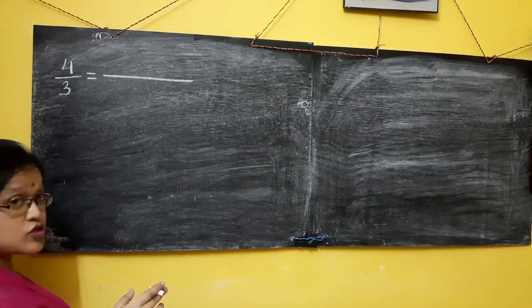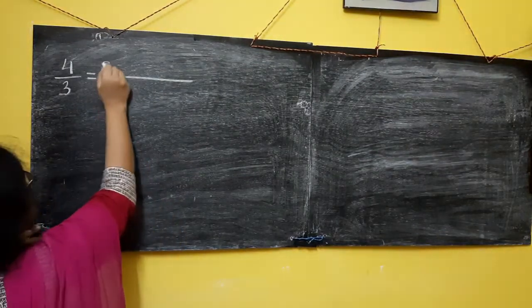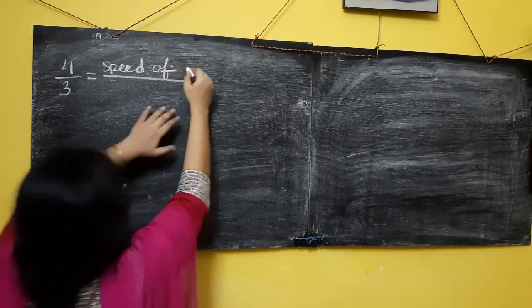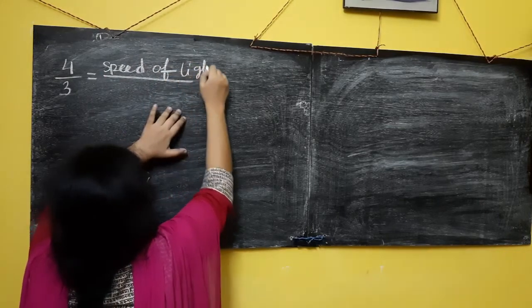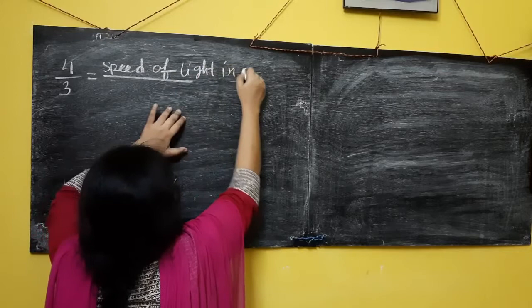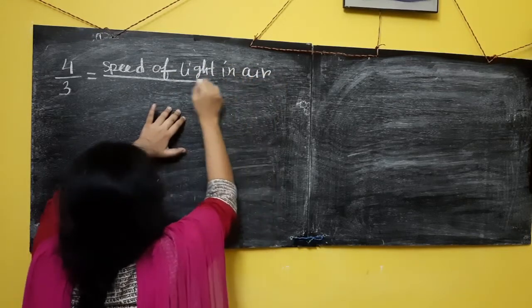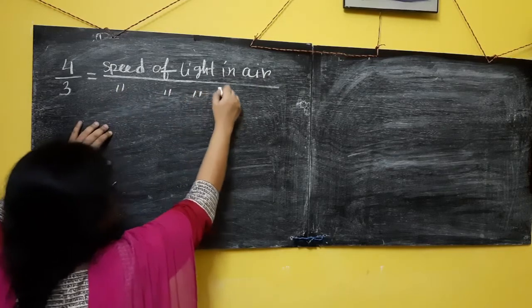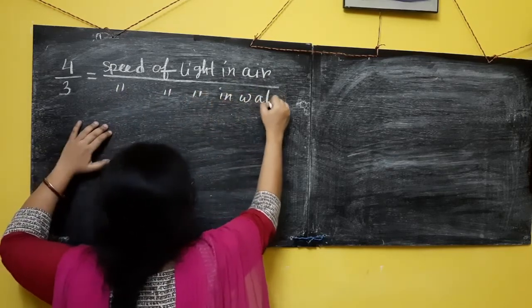Here the medium is water, so I will write the speed of light in air by the speed of light in water.